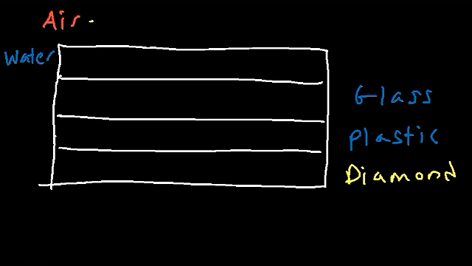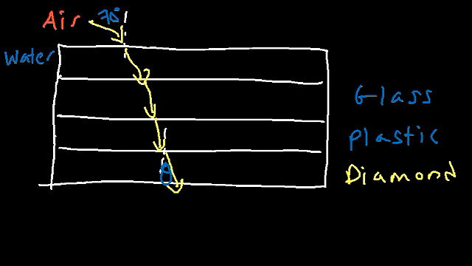So let's say light strikes the surface at a 70-degree angle, and then it refracts into these surfaces. So what is this angle? Let's just call it theta. How can we figure it out?